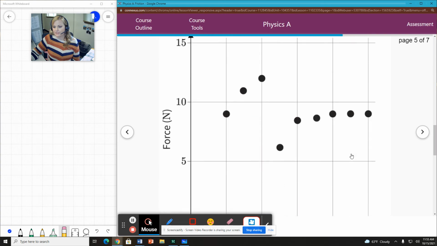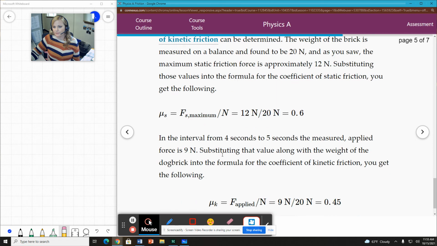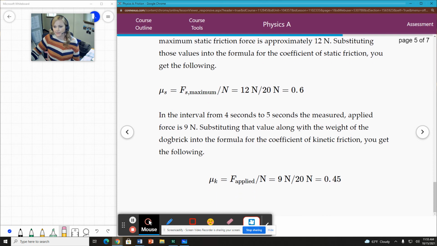So the maximum force it would take to move it, we said, was 12. So we're just rearranging these variables to solve for that. Coefficient of friction static is equal to the force maximum divided by the normal. The normal force is dependent upon the weight of the brick. So the weight of the brick is 20 newtons. So the maximum amount of force was 12. The weight of the brick was 20. And so the coefficient of static friction is 0.6, right? So that's how we determine that.